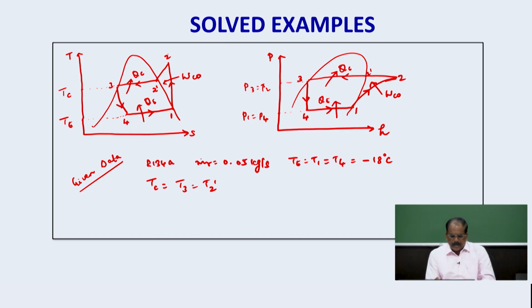Let me have a quick recap. The region towards the left side of the saturated liquid line is called the subcooled region. The region towards the right side of the saturated vapor curve is called the superheated region. So here T3 equal to T2 dash, which is equal to the condenser temperature.